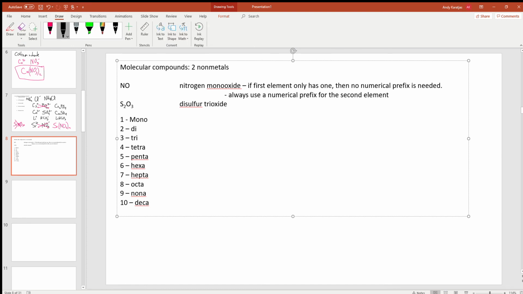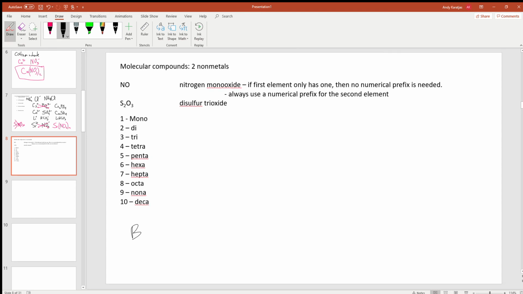So we can do 1 or 2 more of these. B2F6. So there's 2 borons, that's the first element, so we call it diboron.